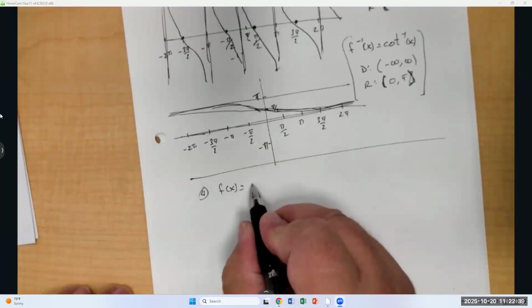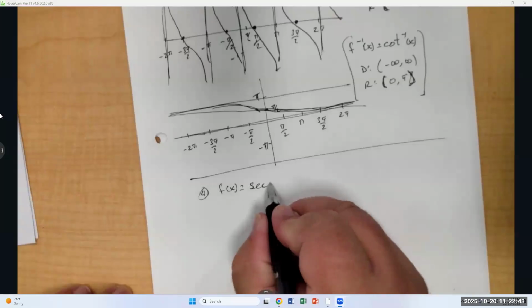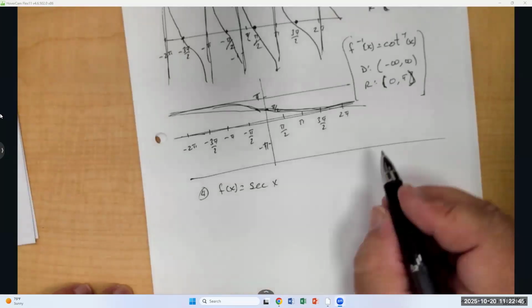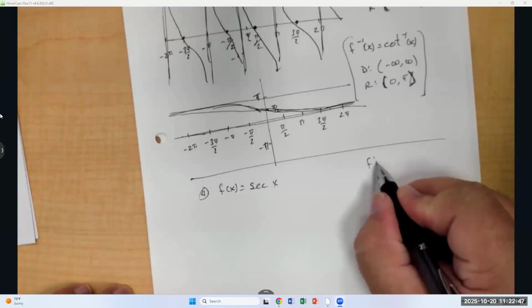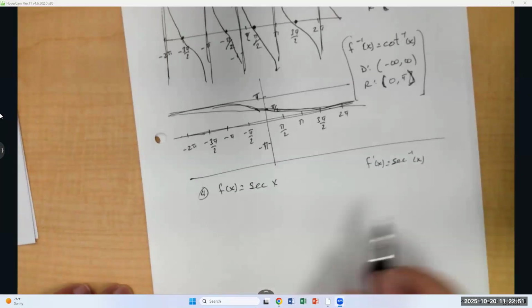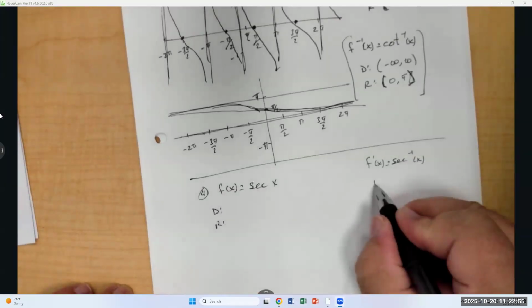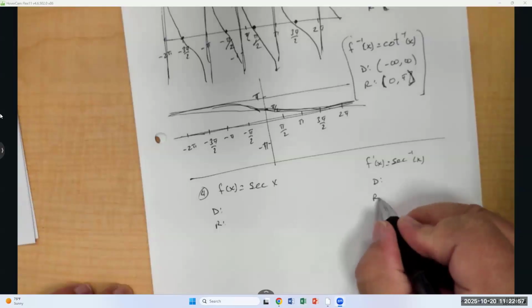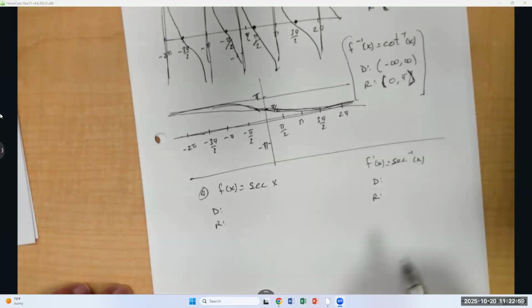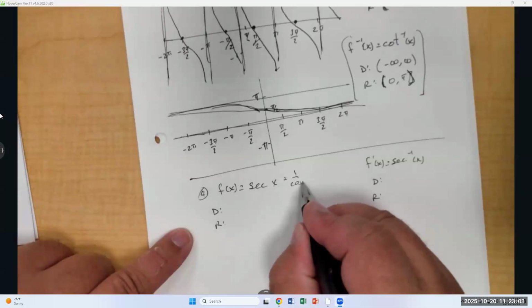And the last two, we have the secant function and its inverse, the inverse of the secant function. We have to know the new domains and the ranges here. So secant is 1 over cosine.